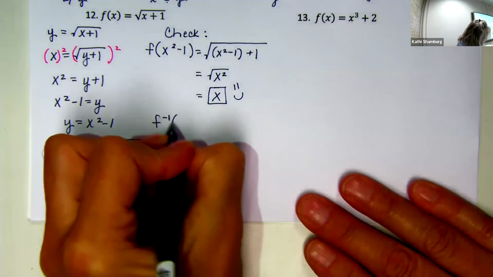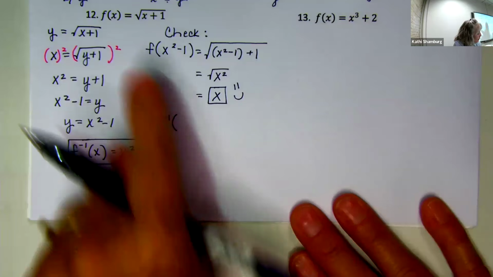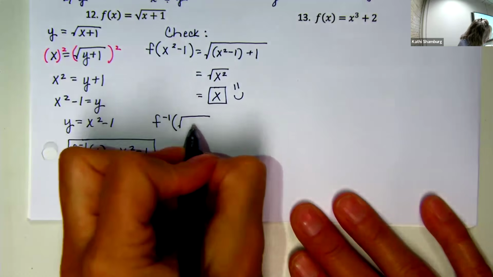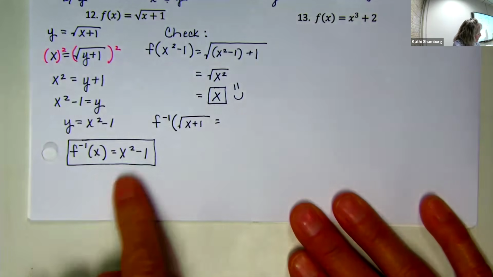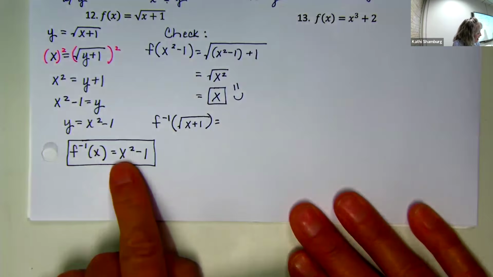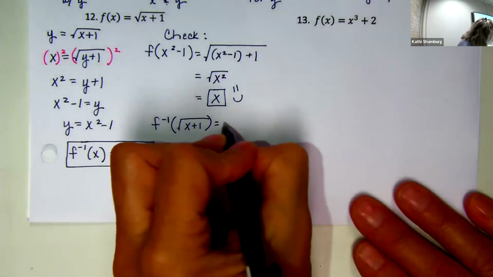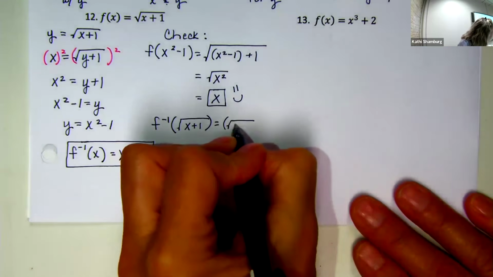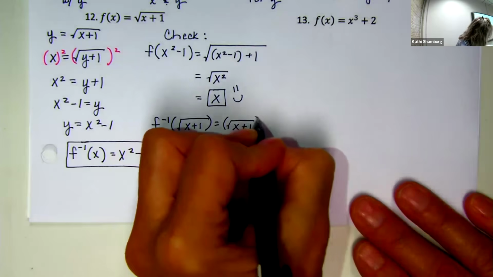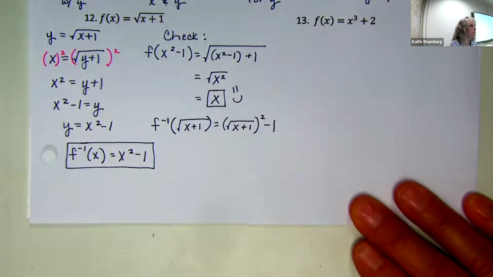Let's say I would have started with the inverse and a function in here. Then what I would do is take this, and in place of that X, I'm going to put the square root of X plus 1, and that is squared minus 1.